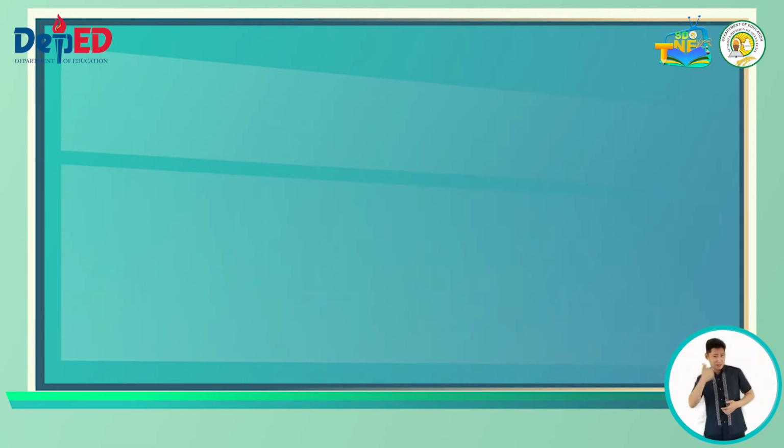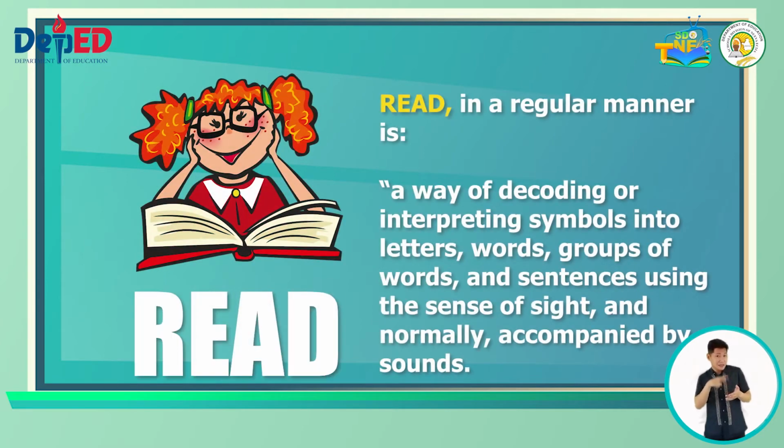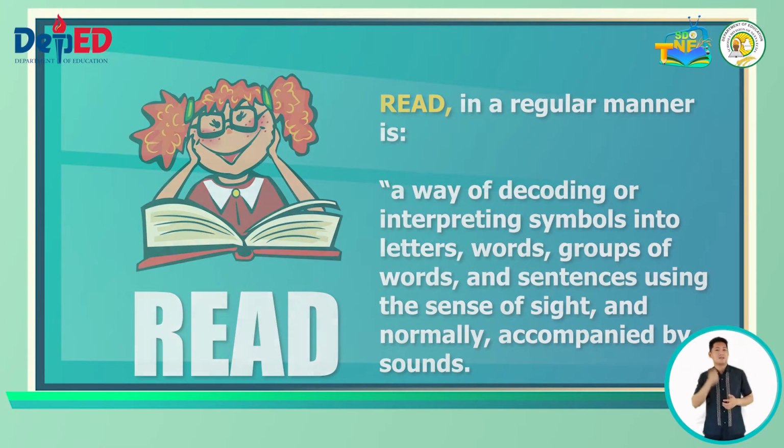On the other hand, read in a regular manner is a way of decoding or interpreting symbols into letters, words, group of words, and sentences, using the sense of sight and normally accompanied by sounds.